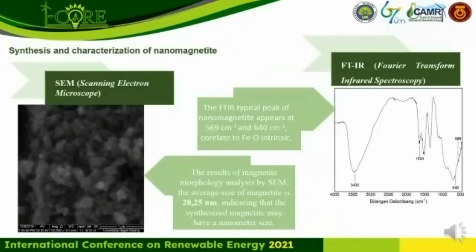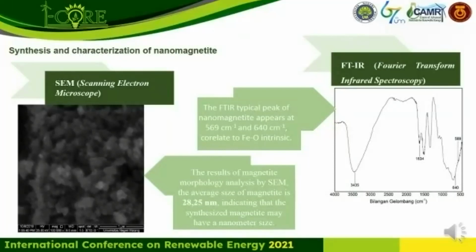Synthesis and characterization of nanomagnetic by scanning electron microscope. The result of magnetic morphology analysis by scanning electron microscope: the average size of the magnetic is 28.25 nanometers, indicating that the synthesized magnetic may have a nanometer size.